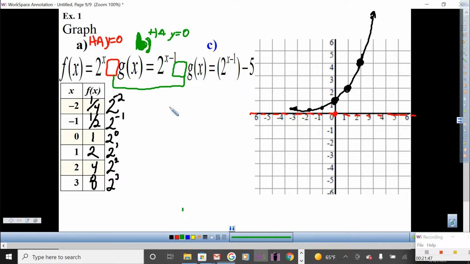Where are we going to move it, guys? One to the right. That is correct. So all these points, I'm going to start with these three. One to the right, one to the right, and one to the right.